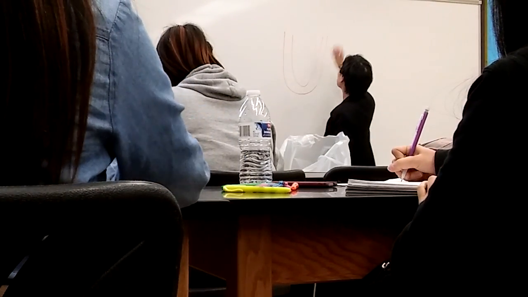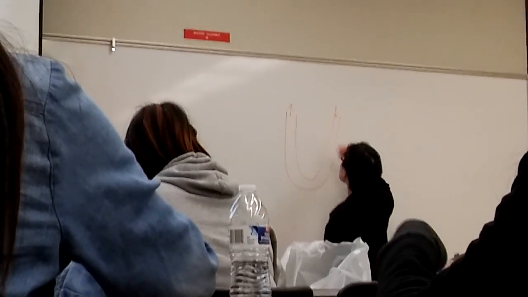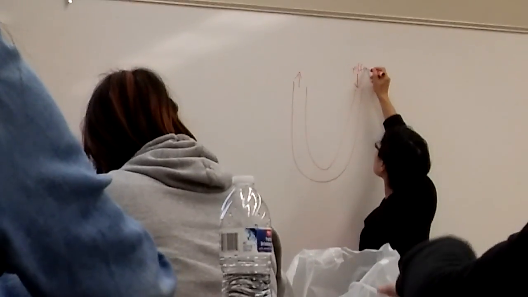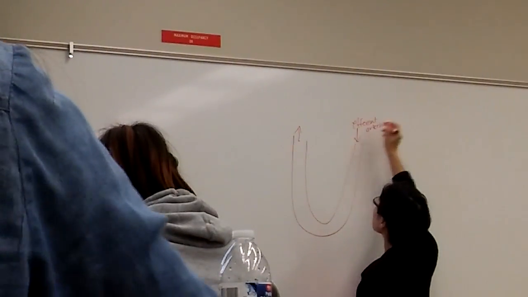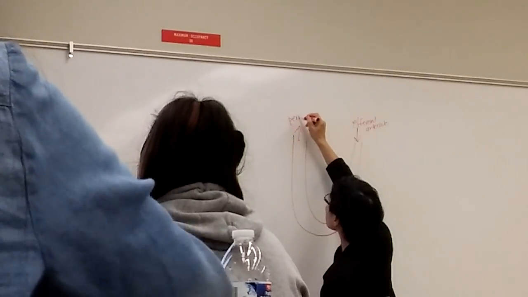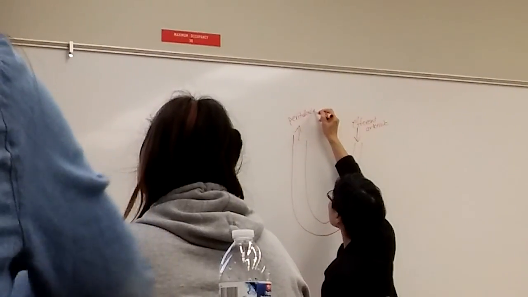If we want to mimic that one, the blood's going to come in this direction and leave this direction. This is coming from the efferent arteriole, and this is going to go to the peritubular capillaries.